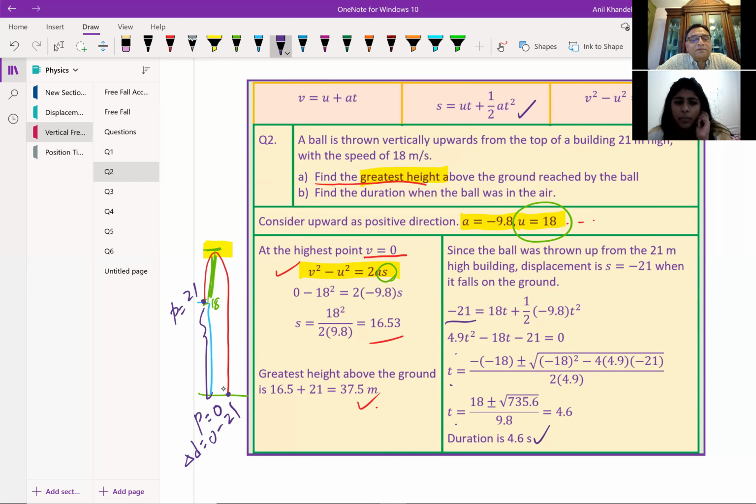Therefore, it is minus 21. Yeah, I get that it's minus 21, but could we just take the absolute value or no? No, because we're not dealing with distance, are we? We're doing displacement, so it can have a negative, right? Correct. Final minus initial. So these are critical things which can make huge difference.